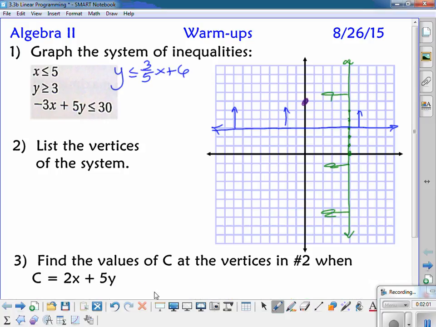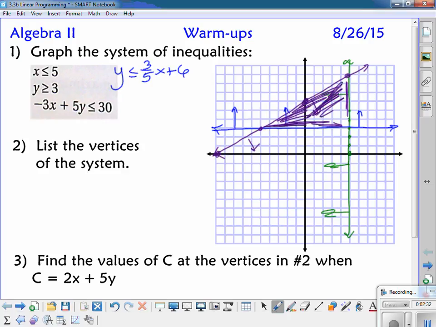Okay, and then using my slope, what do I do? Up 3/5, okay. Or I can go backwards and do the same thing going the other way. Okay, so there's my line. All right, so it's less than or equal to, so is it above or below the line? Below. Okay, so where they overlap then is this area right here.